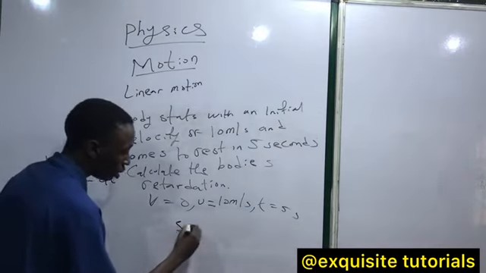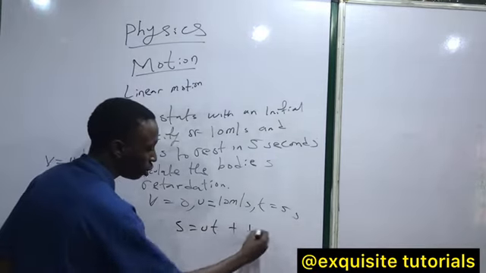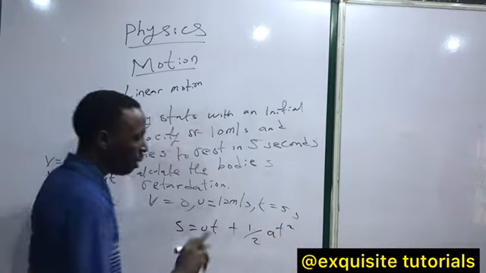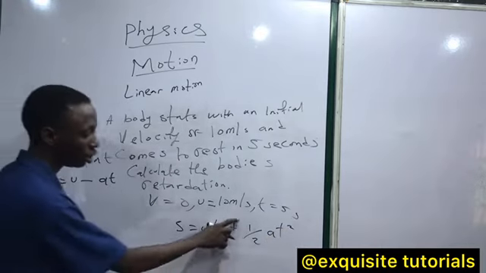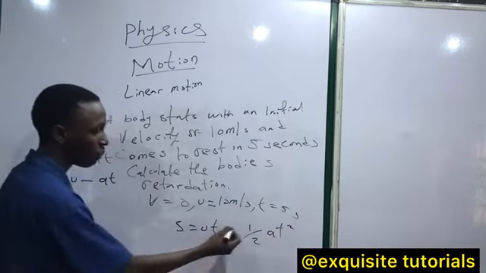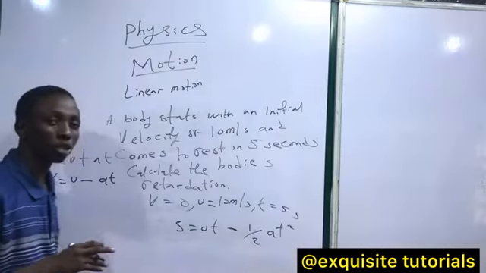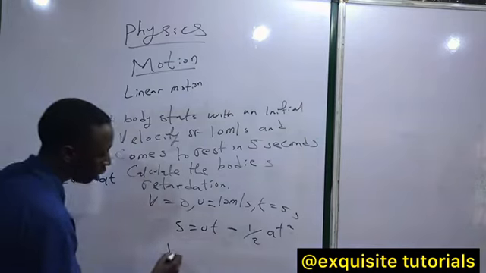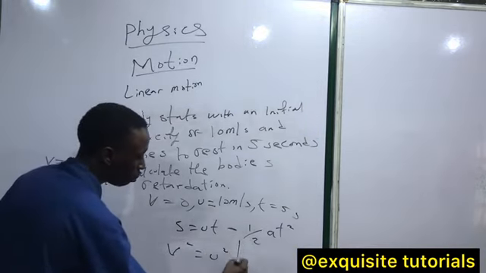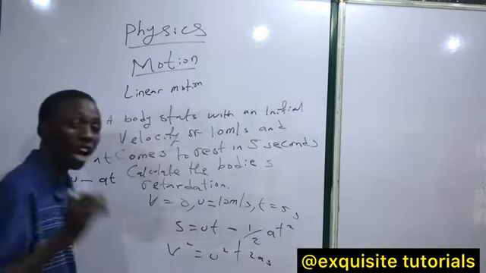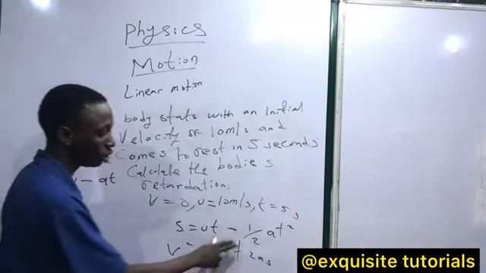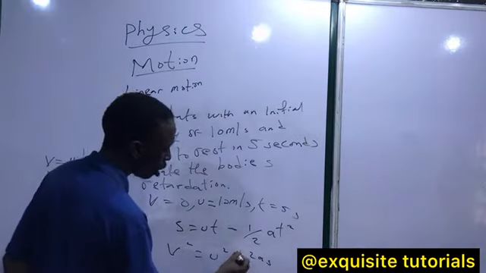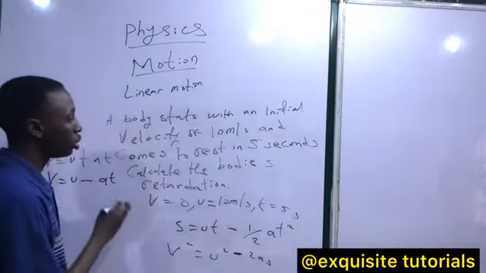We had S is equal to UT plus 1 over 2 AT squared, but under retardation this plus will change to minus. We also had V squared is equal to U squared plus 2AS, so under retardation this plus also changes to minus.